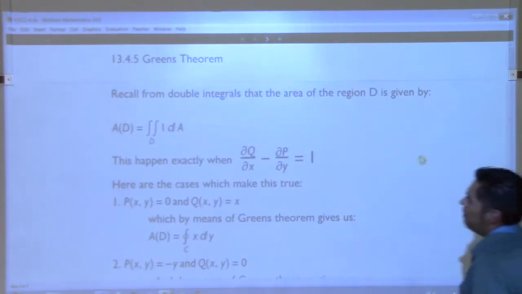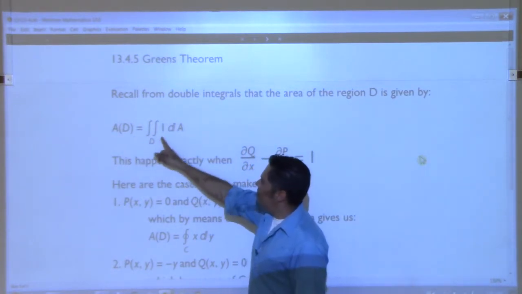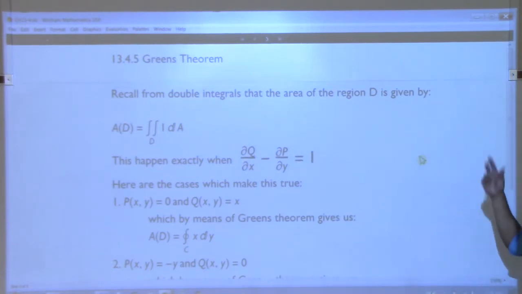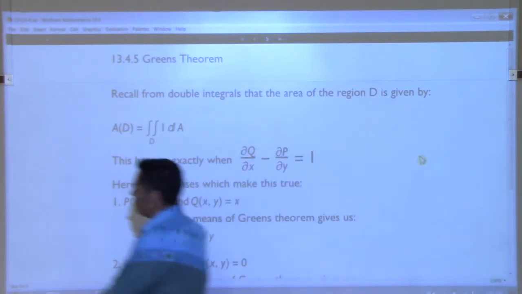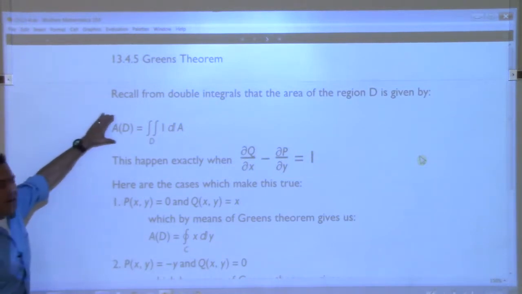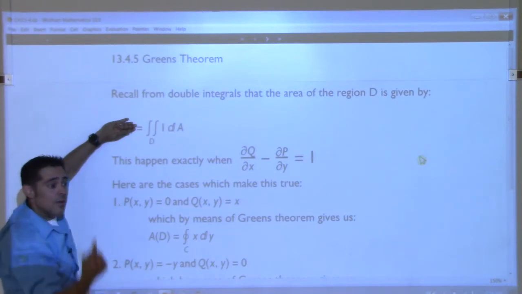Remember with double integrals, we already know this: the area of D is the double integral over D of 1 dA. Now, if we look at this formula right here, we ask ourselves, when could this be 1? We're looking at a very special case right now. Could we ever take this double integral and turn it back into a line integral?